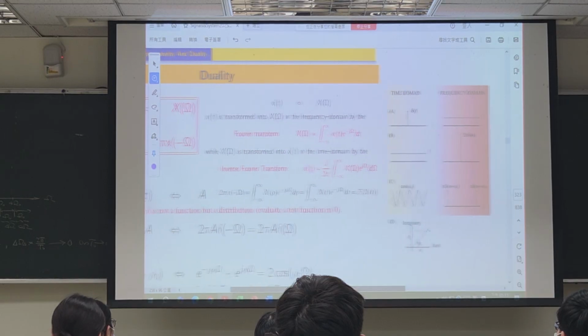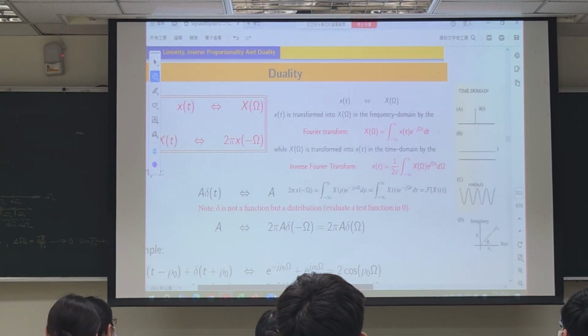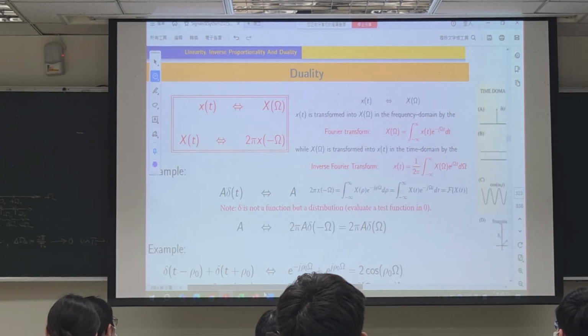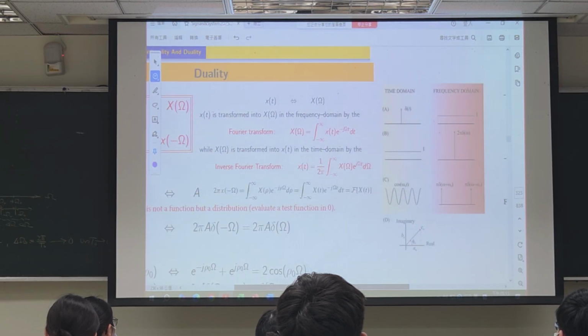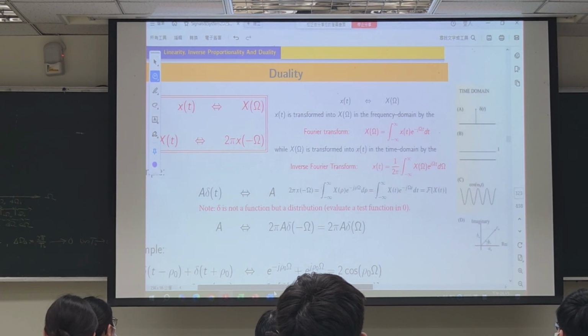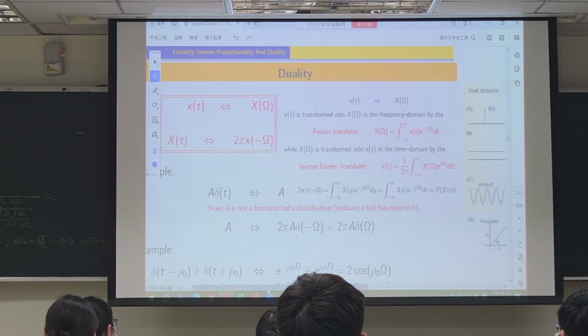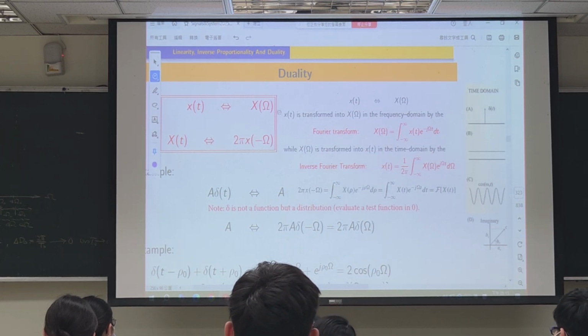Okay. So here comes the interesting part. Duality. Let me read this for you first. Suppose I have a function x of t, and its Fourier transform is X of omega.